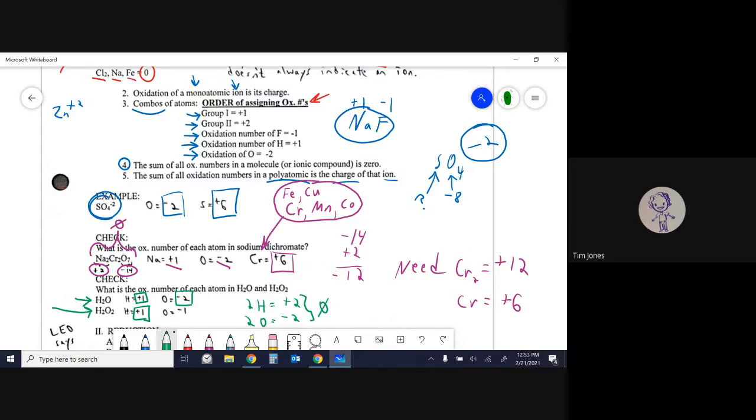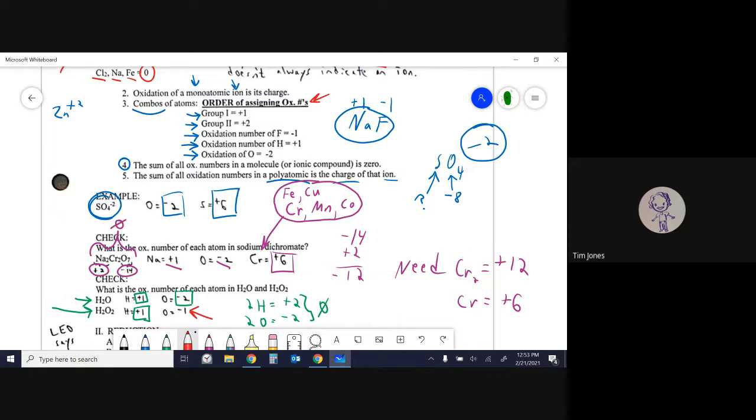So if 2 oxygens have a total oxidation number of -2, each oxygen must be -1, which looks weird, but that is the case. It turns out the oxygens would prefer to have more electrons, they're just not available. So that's the best it can do.